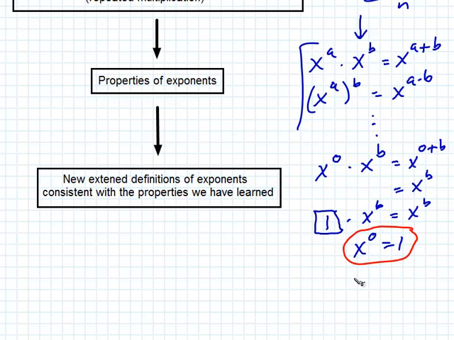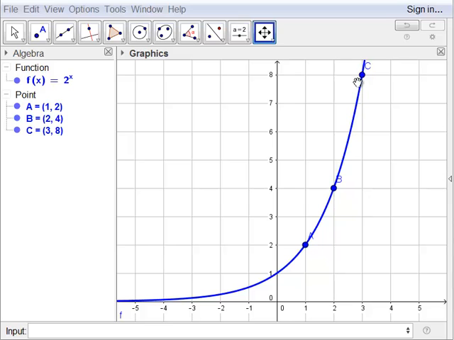Okay? Let's see how this fits with our graphical understanding of an exponential function. Okay, I've plotted the curve f of x equals 2 to the x power, and I've put 3 points on this using integer exponents. So when x is 1, 2 to the 1 is 2. Okay, that's right here. When x is 2, 2 to the 2 is 4, and when x is 3, 2 to the 3 is 8.